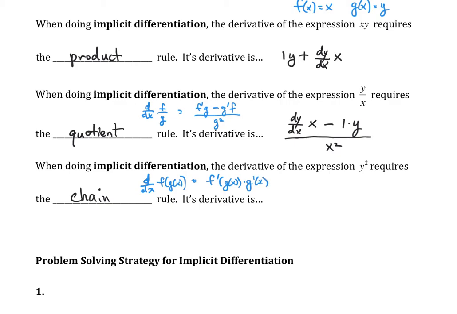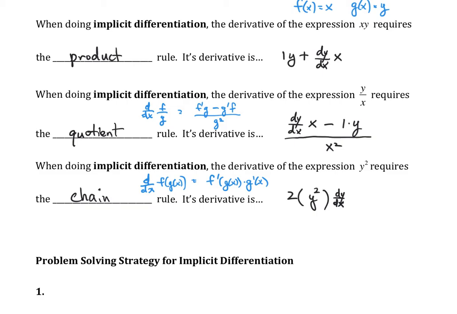So in this particular case, our outside function is squaring. When I take the derivative of the outside, I'm going to get 2 times something. I have to keep the inside function, which is y, and then multiply by the derivative of the inside, which is dy dx.